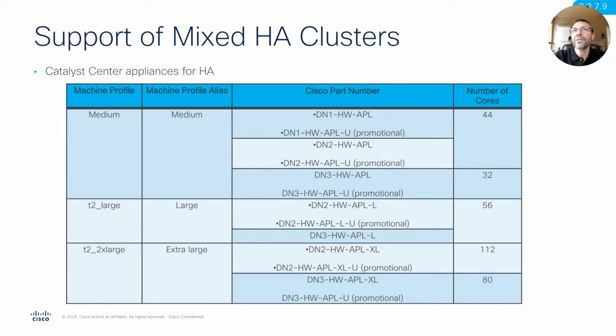Looking at it, you've got various numbers of cores, from medium to large and extra large. Your DN1 appliances are no longer supported in the mixed HA cluster. Looking at DN2s and 3s, you've got your number of core changes here.